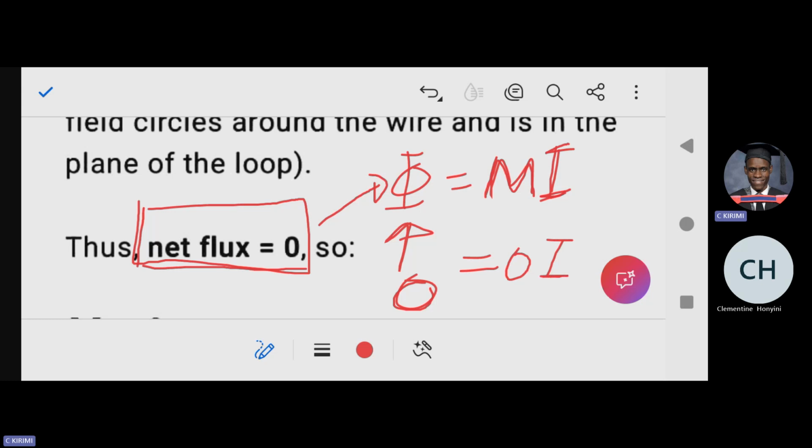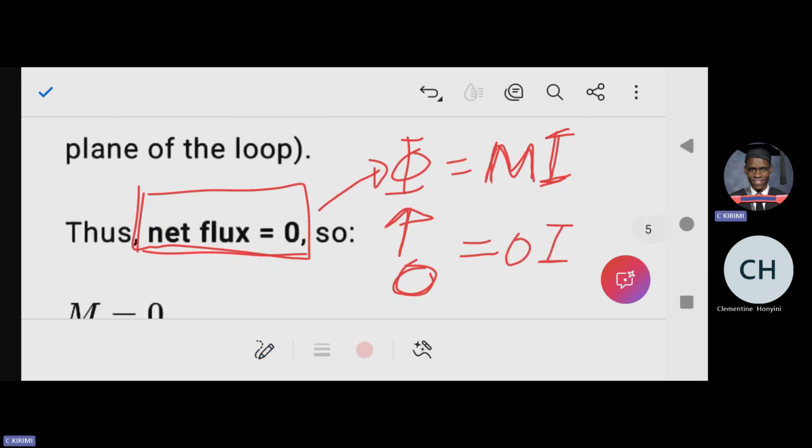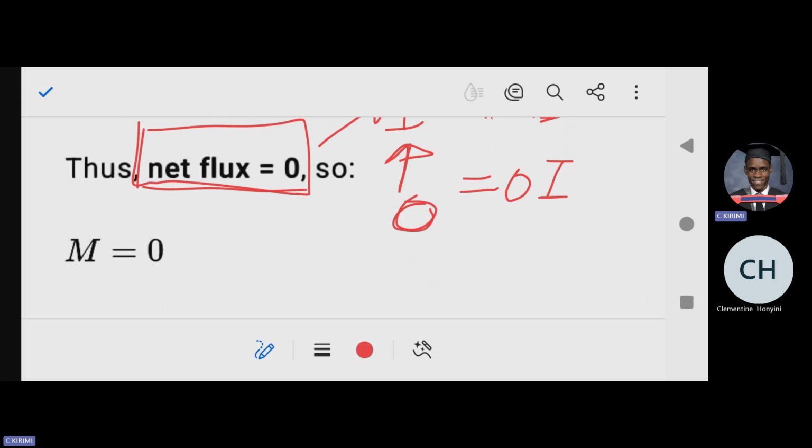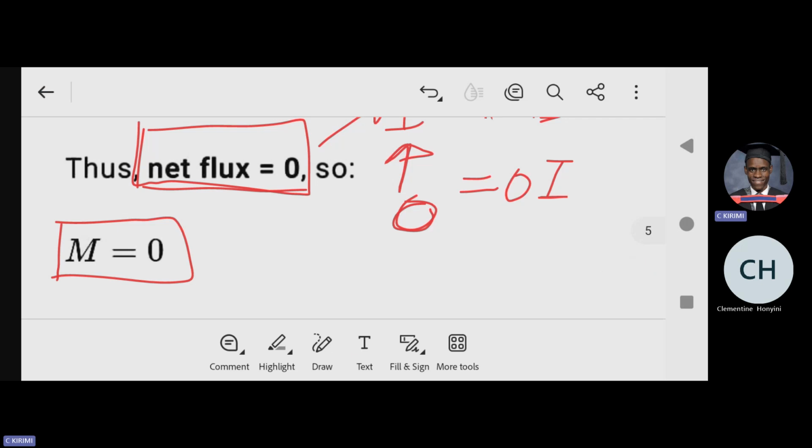That's how I'm going to get 0 here. We've been told the wire is already carrying some current, although we don't know how much, but it's there. So if I'm going to get a net flux of 0, that can only happen if M is 0 at perpendicular. That's why we arrived at this answer, to say M equals 0, so that we can get a net flux of 0 because of the perpendicular.